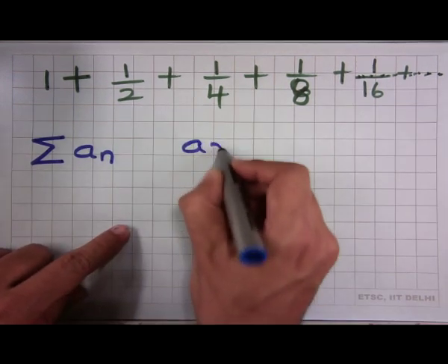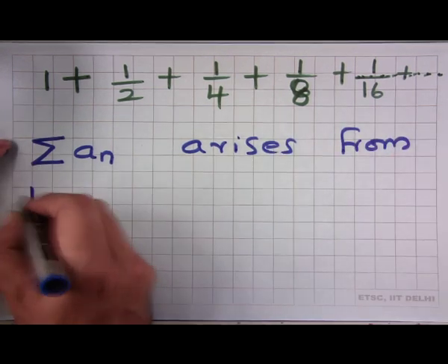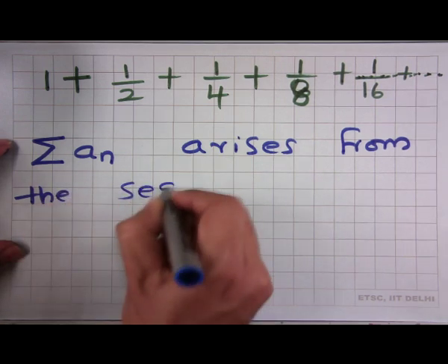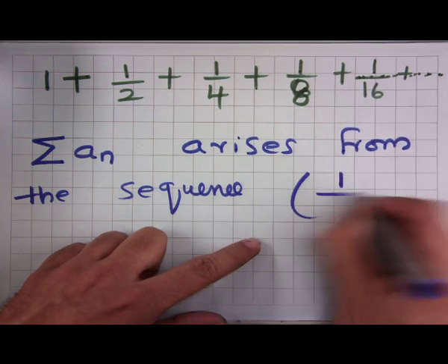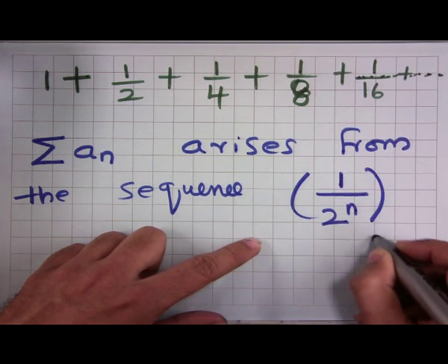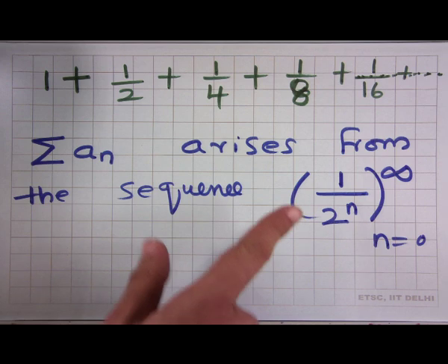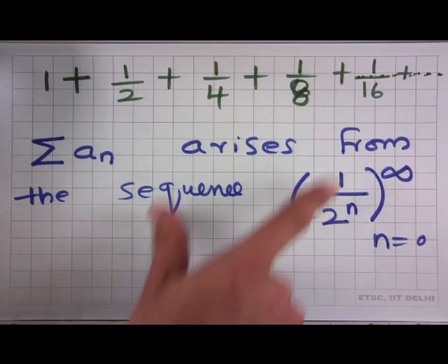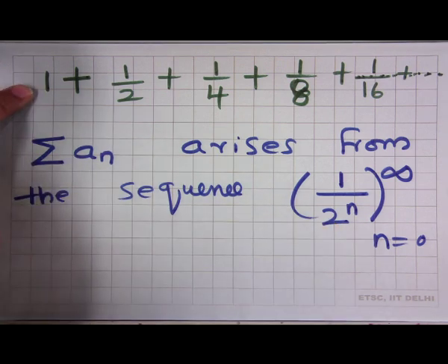Just to make the notations clear, understand that this series summation an arises from the sequence 1 by 2 power n, n is equal to 0 to infinity. First term of that sequence is 1 by 1, that is the first summand here.